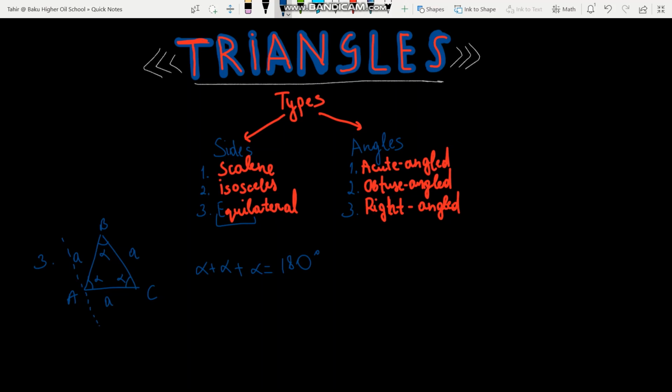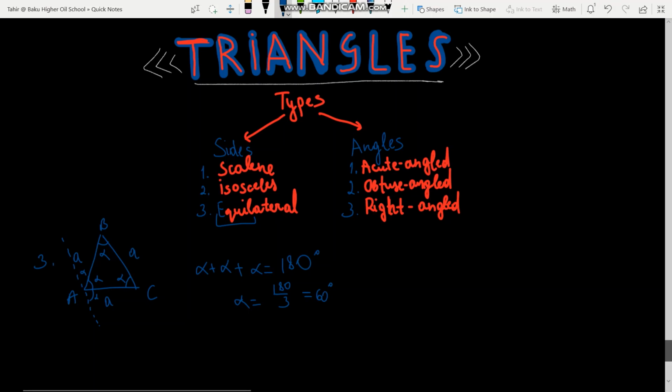As you can see, this alpha will be equal to the one here because of parallelism, and this alpha will be equal to the one here, and 3 alpha will be equal to 180 degrees. And alpha is found to be 60 degrees. This is the sample for equilateral triangles.